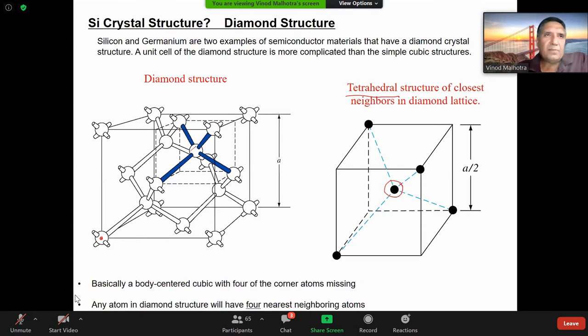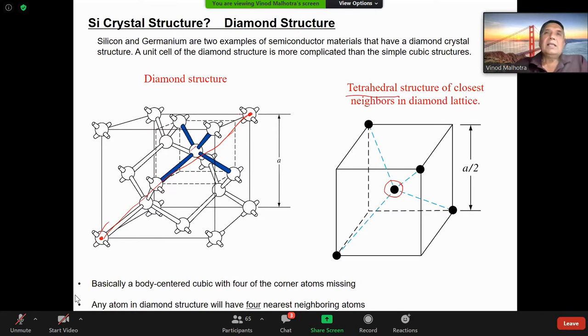Take this corner, follow my pen. Take this corner and take this opposite corner. So if you're in a room and imagine that room to be a cube, take the opposite corners and join a line between these opposite corners. Just imagine it in a room as well. So let's say this is the diagonal. This is the body diagonal from this corner to this corner.